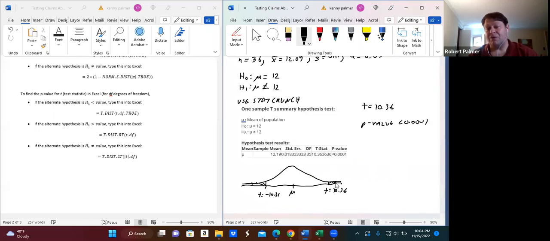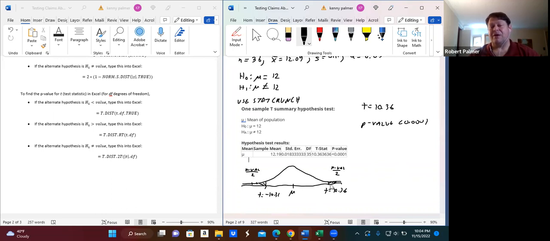And so our p-value, each one of these, is the p-value divided by 2. And so then the question is, what's the area under the curve of each one of these little parts multiplied by 2? What's the area under there?